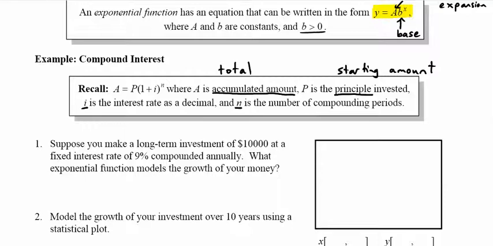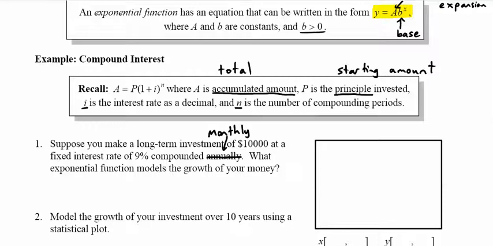Now this equation only works if you're compounding annually. So I'm going to make this a little bit more difficult, and let's change this question to compounding monthly. Did you learn about this last year? Grade 8.